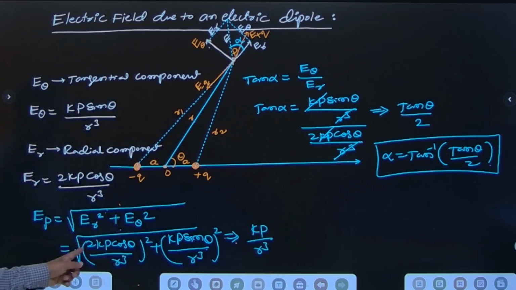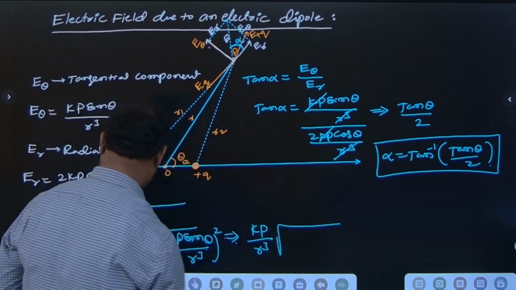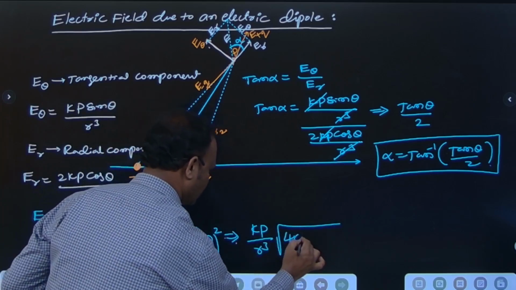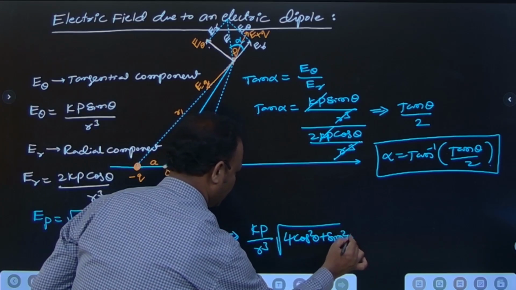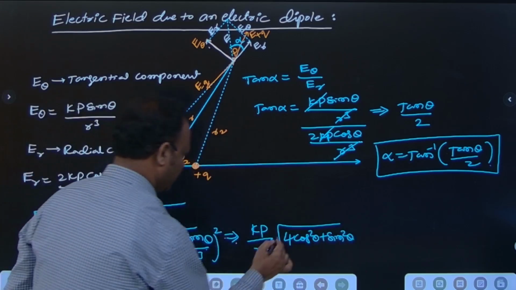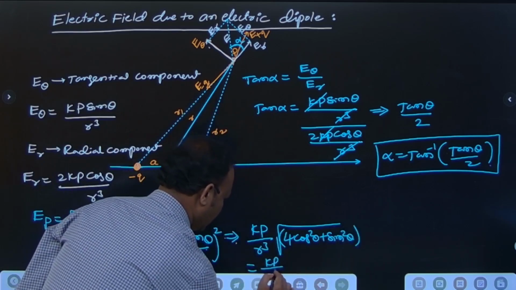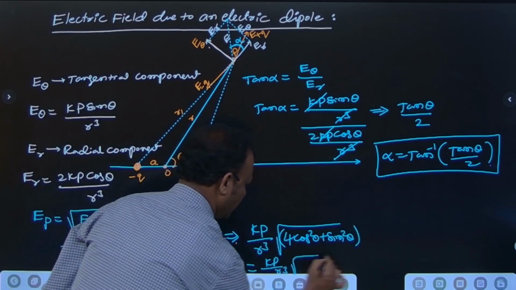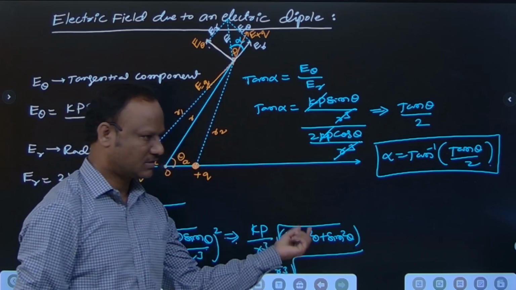Next, what is left is under root of 4 cos square theta plus sin square theta. This is kp by r cube times under root of 4 cos square theta, which is 3 cos square theta plus cos square theta.